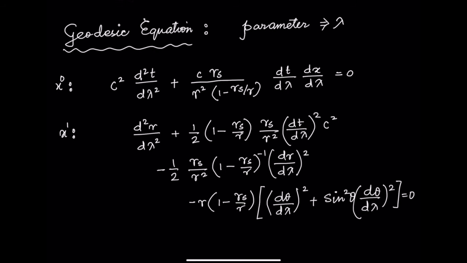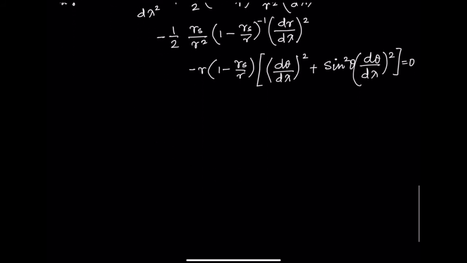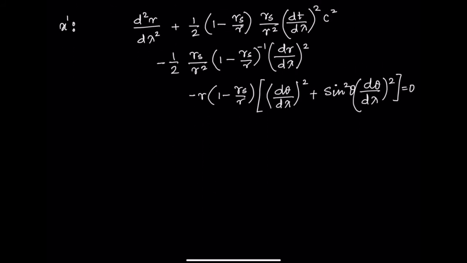Can we make them simpler? We can, and that's why we have learned about the Killing vectors. So let's look at the symmetries of the metric. And this one has a lot of symmetries. And we'll address them one by one.